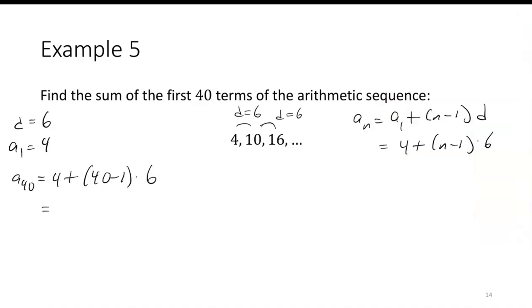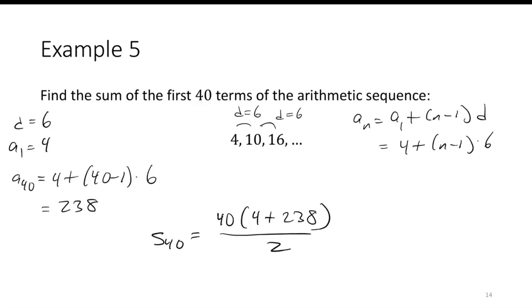Okay, so 238. All right, so the first 40 terms then is S40, which is going to be the 40 terms, and then my a1 is 4, my a40 is 238, then divide by 2. So that 4 is that one, and then the 238 is the next one, and then the 40 there.